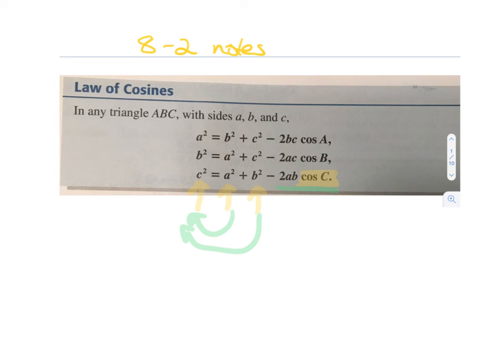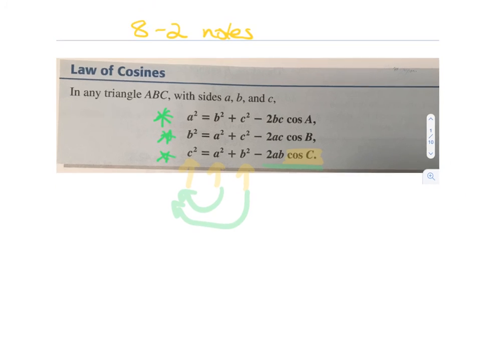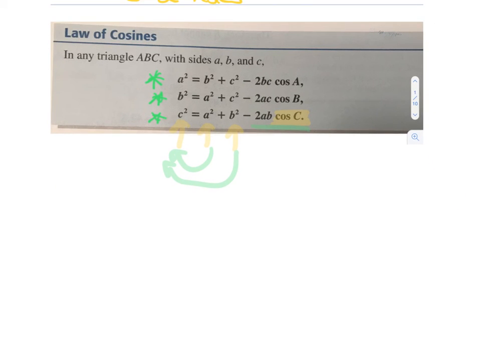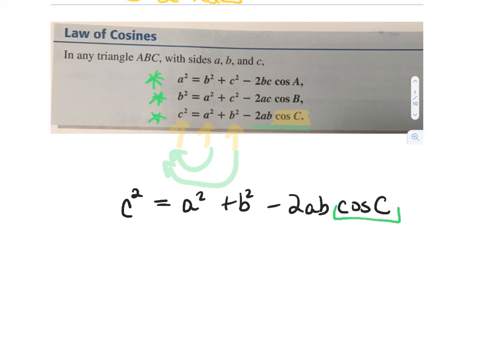So one thing you could do is take each of these and rearrange them before you start using them, ahead of time. For example, if I take the last one, c squared equals a squared plus b squared minus 2ab times cosine c, let's say I want to isolate cosine c and get cosine c all by itself.